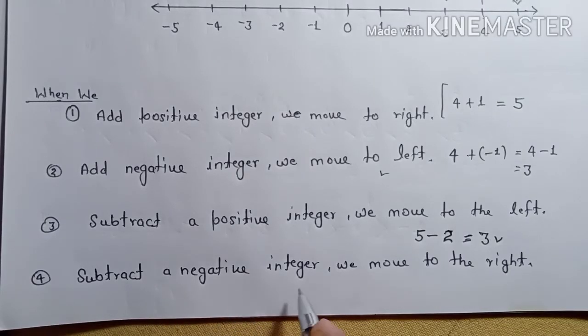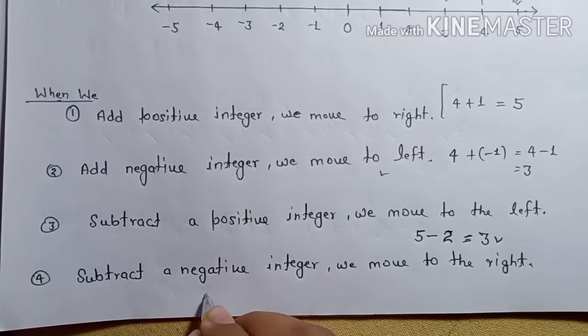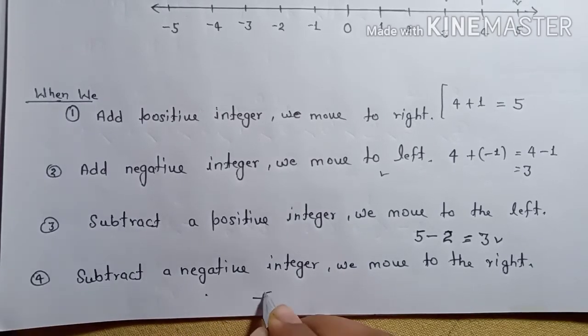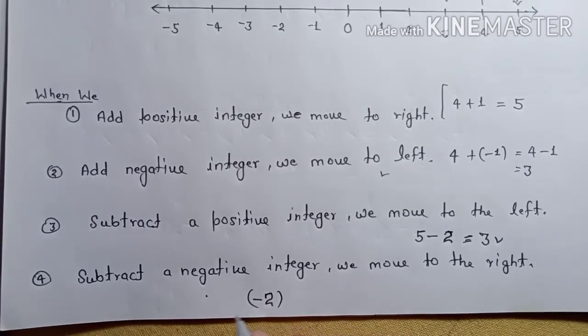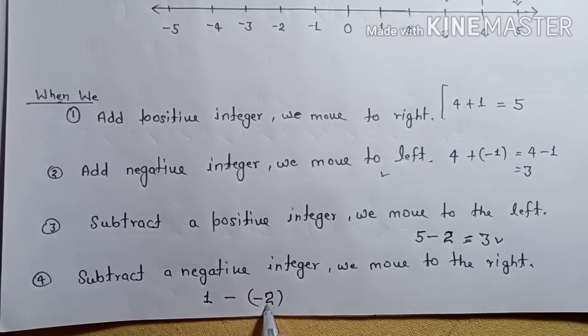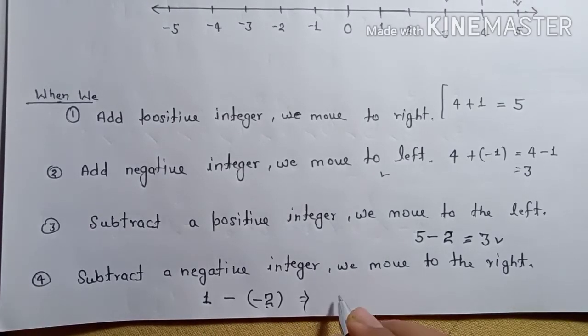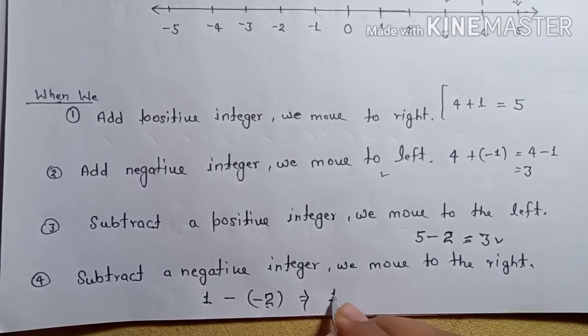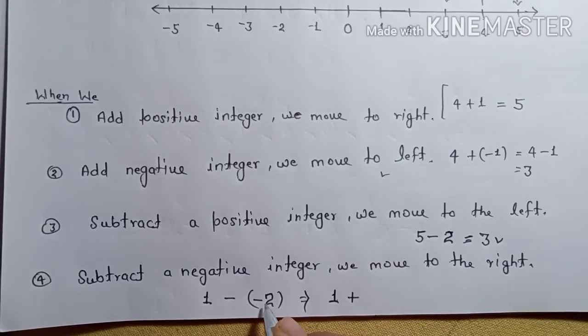And subtract a negative integer, we move to the right. How? When you subtract -2 from 1, to subtract an integer, what we do, we change this sign minus into plus and we can put here the additive inverse of -2 and that is 2.